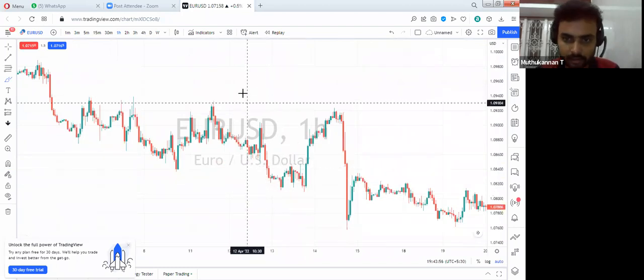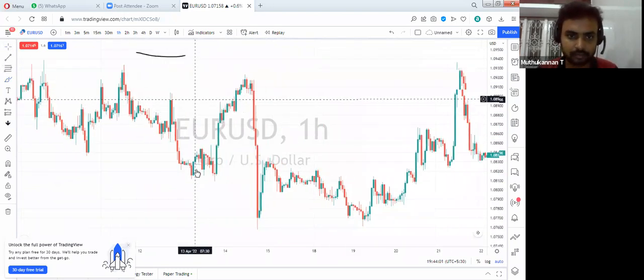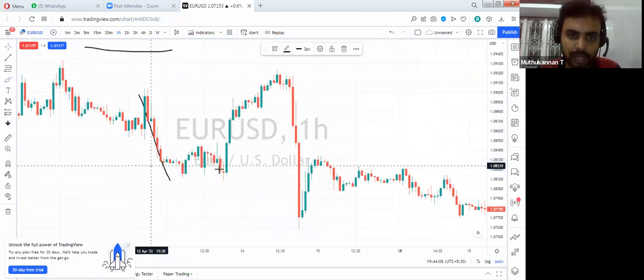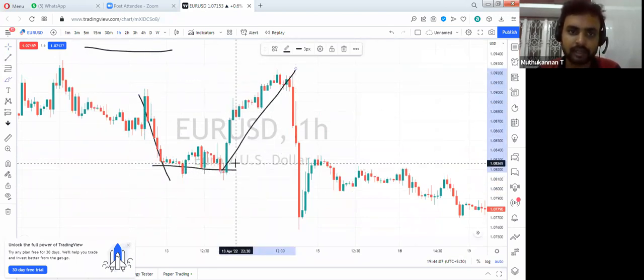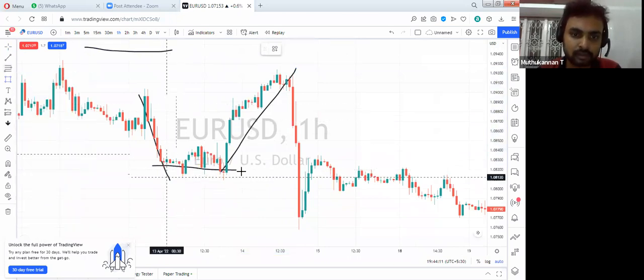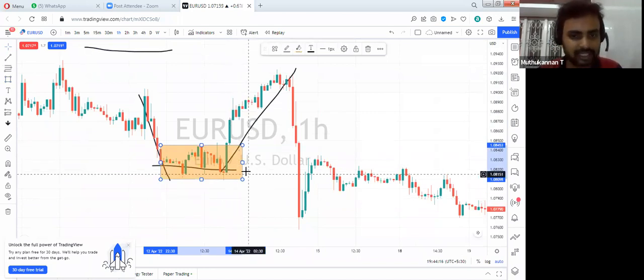Now, everyone, please see here. This is my drop. This is my base. This is my rally, right? So my entire zone below is the supply zone. Sorry, the demand zone, right? It failed.